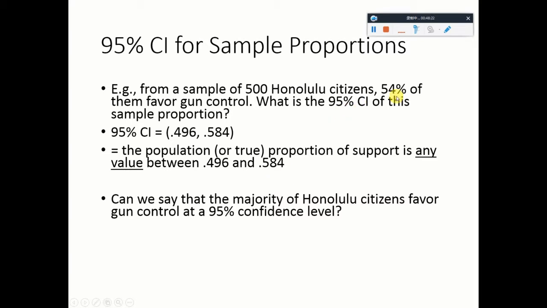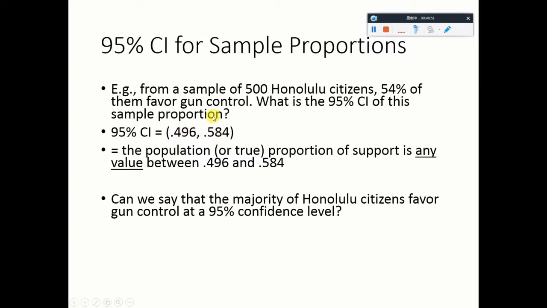You say, wait a minute, we should have a clear majority here because we have a sample proportion of 54%. But wait a minute, this is just one sample. We're saying here, if we draw more samples, let's say 100 samples, the proportions from 95 samples will range from 0.496 to 0.584.